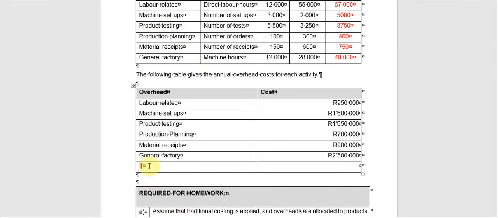So the total here, I'm just taking my calculator to add up. So that's 950,000. We add to that 1.6 million. We add to that 1,650,000. Then 700,000. Then 900,000.